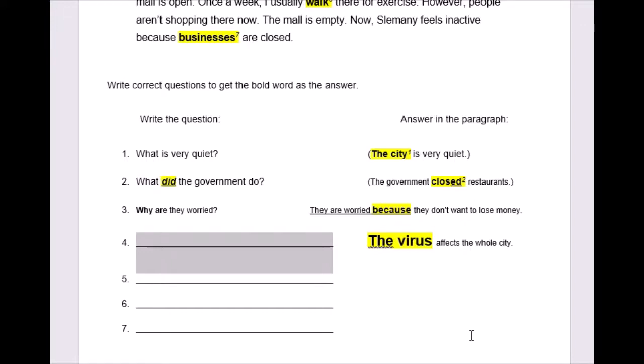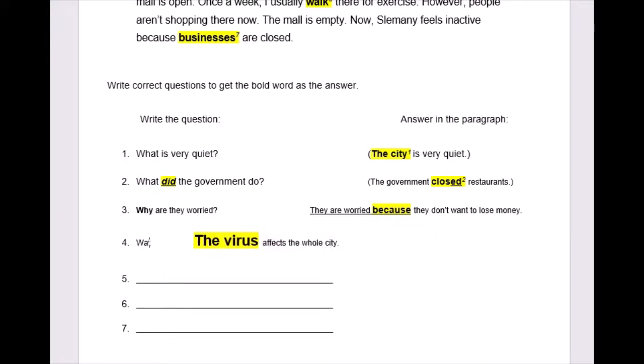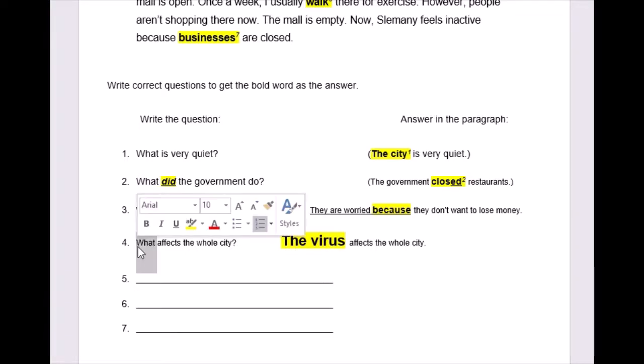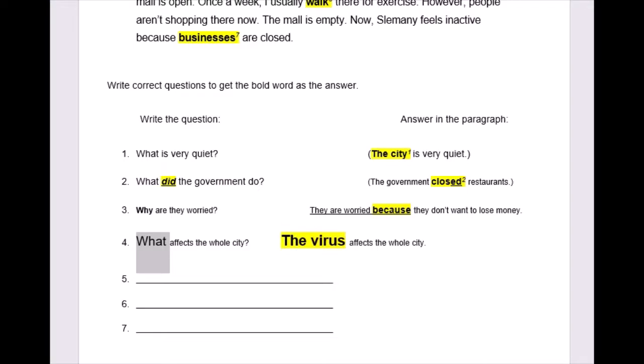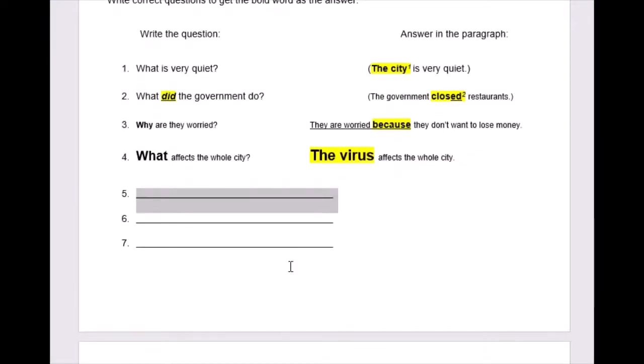Can I use information question word? Yes, I can use what. I could just replace the word and say what affects the whole city. Okay. So what is very easy because it asks about the subject, the virus. So it's easy to write the question for it. Okay.